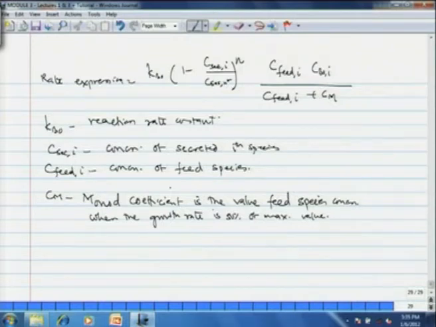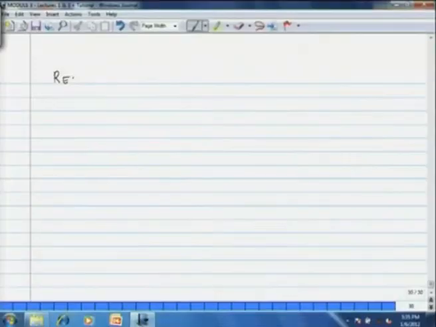So, that completes our discussion on the reaction types. Now, we shall see briefly various types of reactor and catalyst equipment.